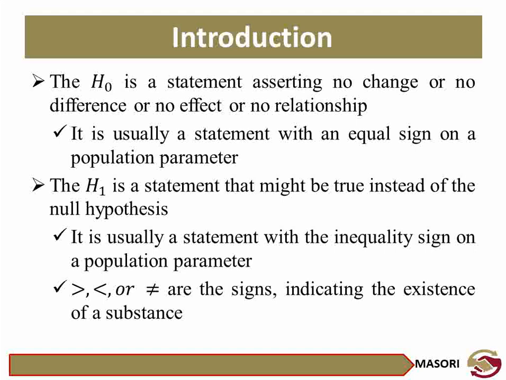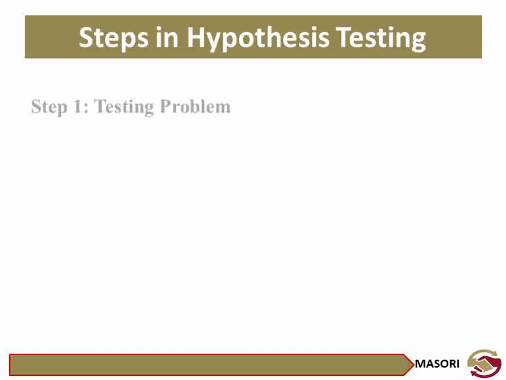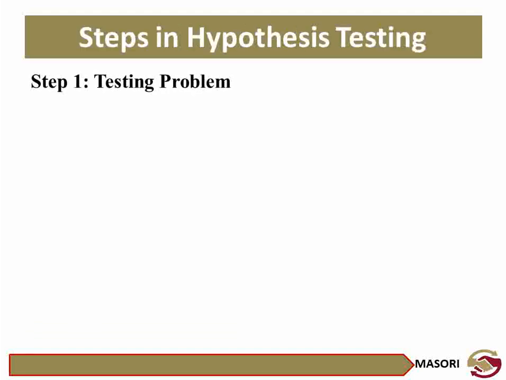So using these hypotheses, we are now able to move on in discussing the steps involved in hypothesis testing. Let's move over to the steps. Step number 1 in hypothesis testing requires you to identify the problem you are testing.